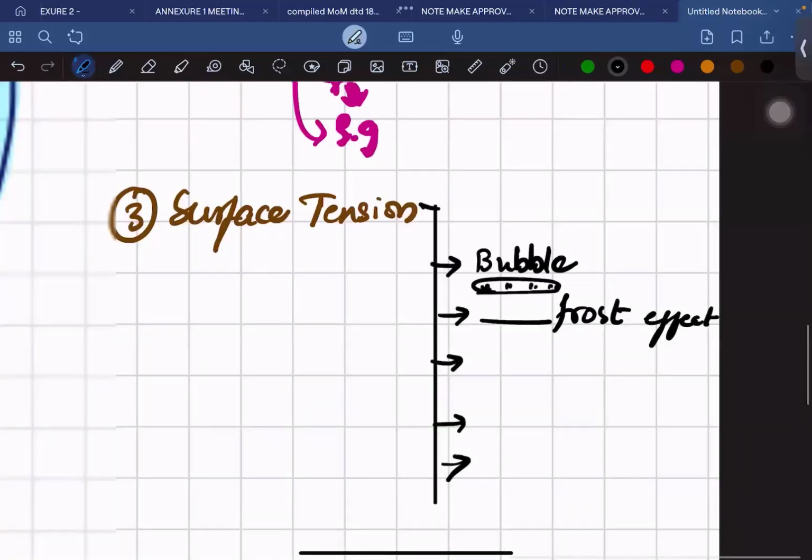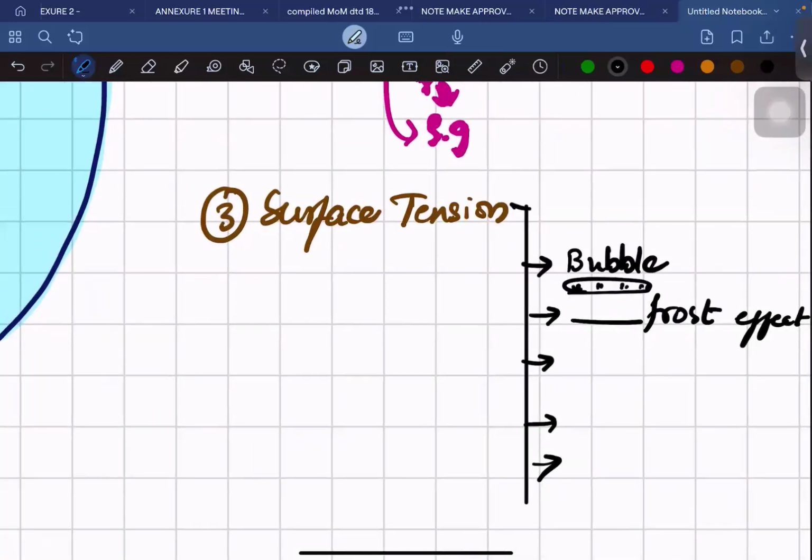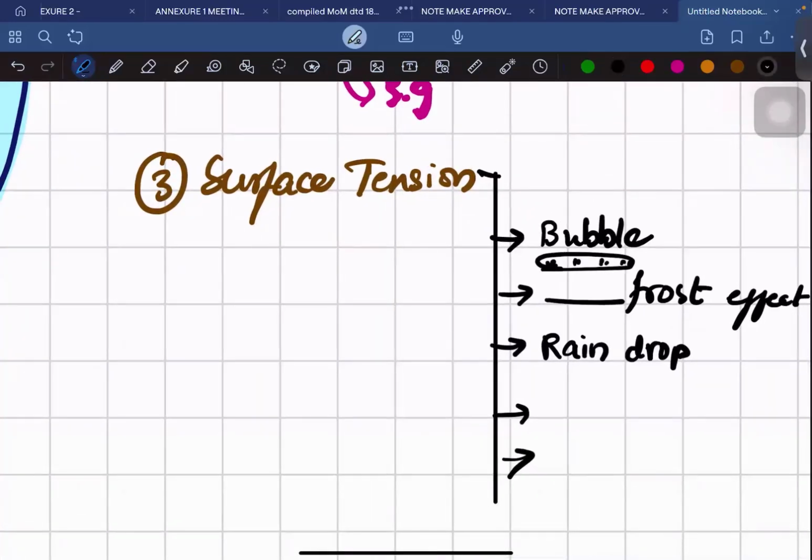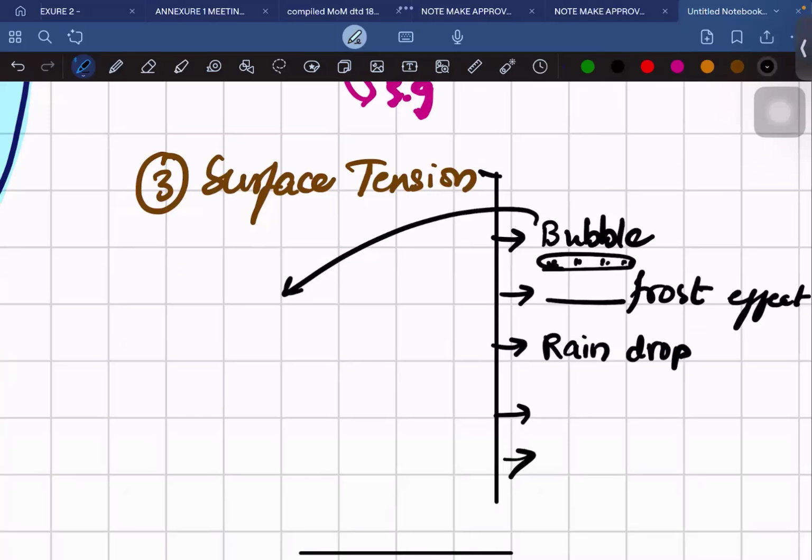Okay, raindrops on glass. Raindrops themselves are a result of surface tension. Why does the bubble take a spherical shape? You could have had the doubt: why not a cuboid shape, or something semi-spherical or some irregular shape?